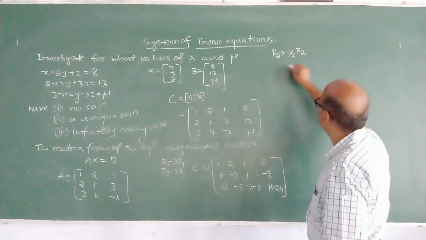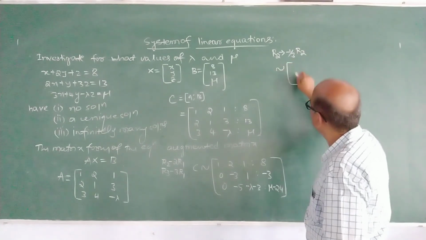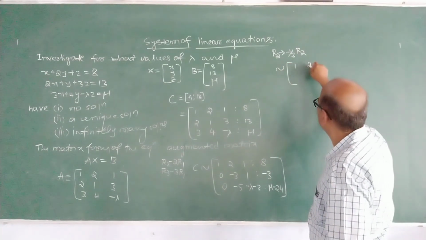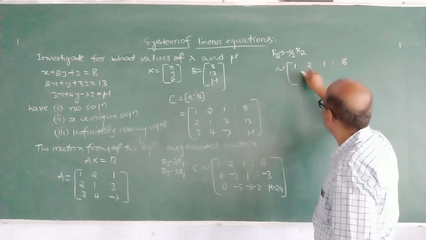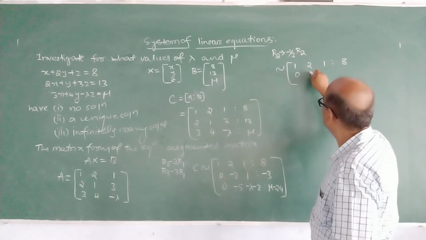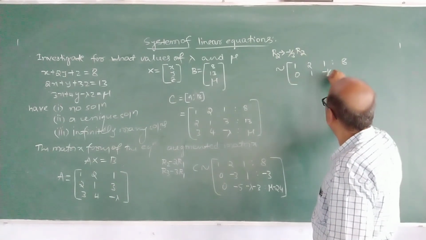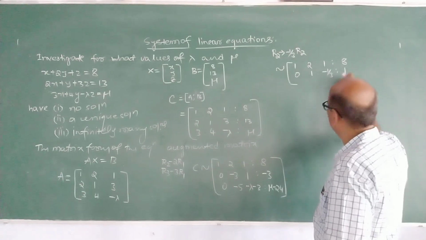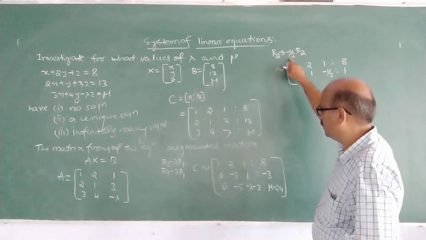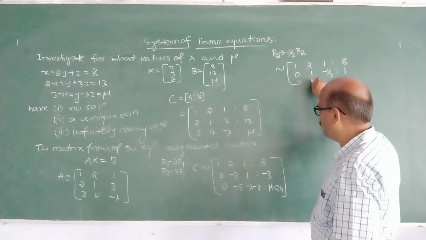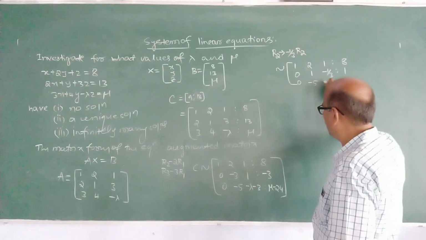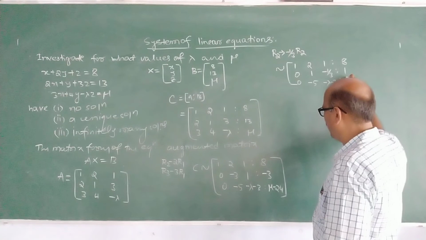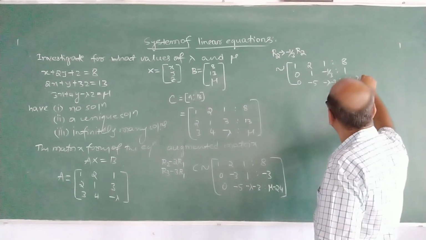So we get C is equal to 1, 2, 1, 8; 0, 1, minus 1 by 3, 1; and 0, minus 2, minus lambda minus 3, mu minus 24.